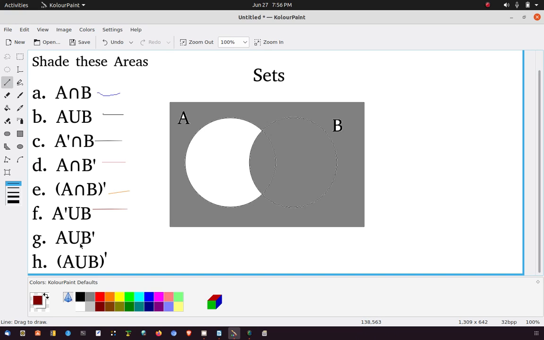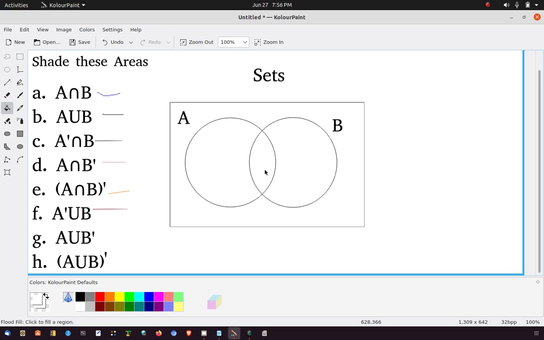Let's look at A union B complement. We clear all this. A union B complement. Now, the A union B complement, I first identify A. The areas that are in A are this and this. What are the areas in B complement?